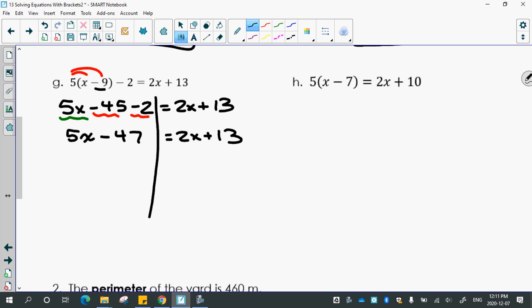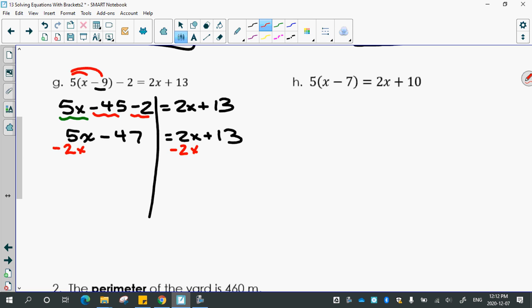Now it looks like the question we did this morning where we got to get the x's on the same side of the wall. So if I subtract 2x on this side, I subtract 2x on this side, and I line it up with my x.